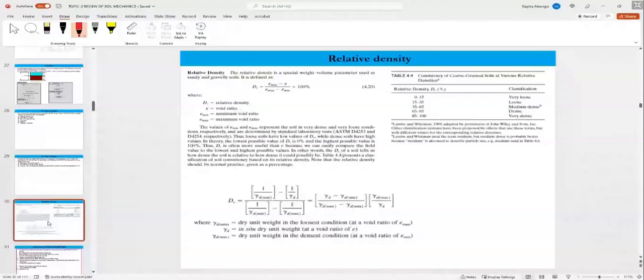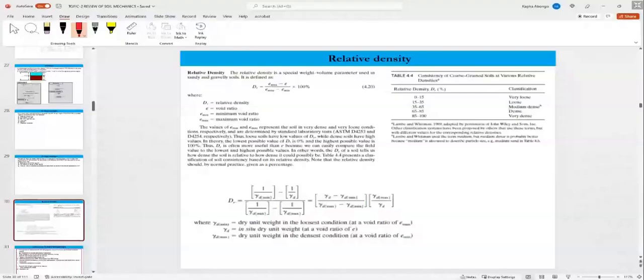Now, when we talk about relative density, we are trying to define the density of the soil. Any soil is at its natural density.